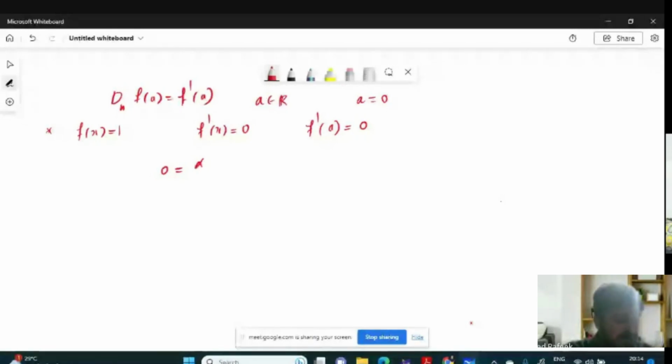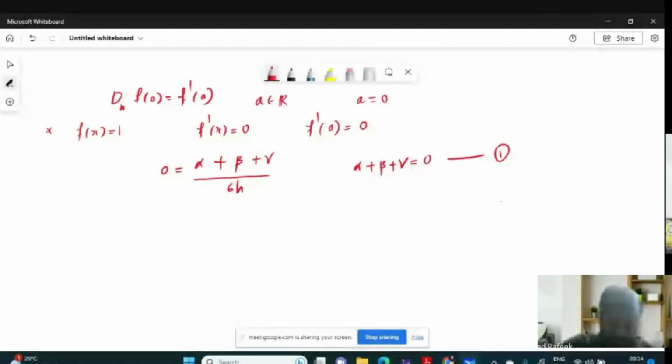Alpha plus, second also, beta into f(a) is 1, plus gamma, whatever it is, f(x) is 1, all divided by 6h. From that, you will get alpha plus beta plus gamma equal to 0. This is equation number 1.